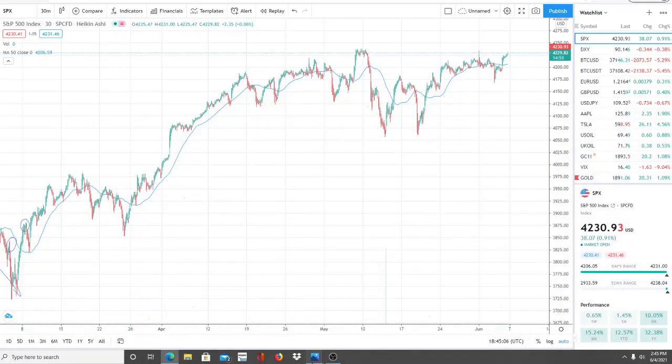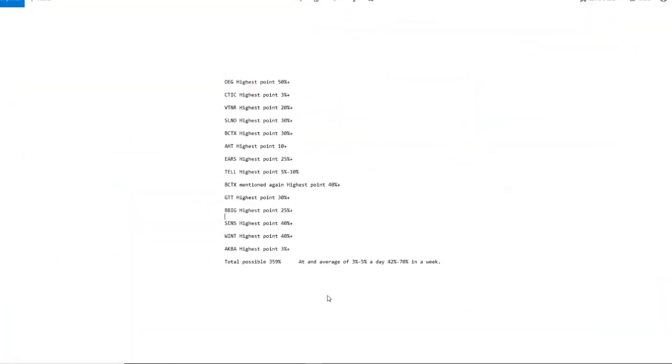Now, the other thing that I wanted to show you guys is this week's performance. These are all the stocks I've mentioned this week and the percentage gains at their highest point. Doesn't guarantee that that's what every single investor can experience, but between all this type of movement and up and down, there's enough room for an investor that is positioning themselves for the opportunities to make anywhere from even not 5 to 10% like I say on a regular day, but even 3 to 5%.